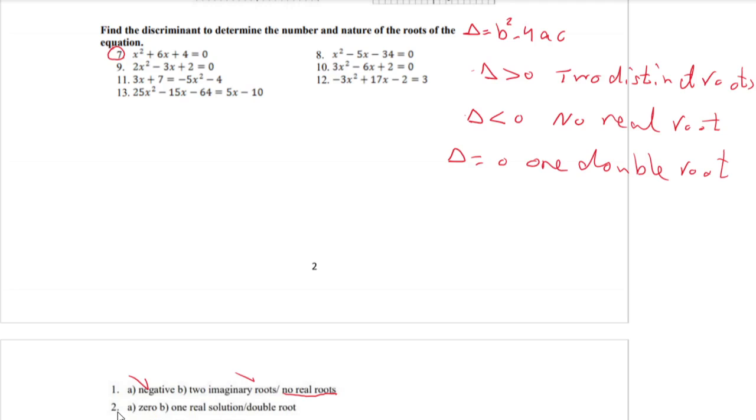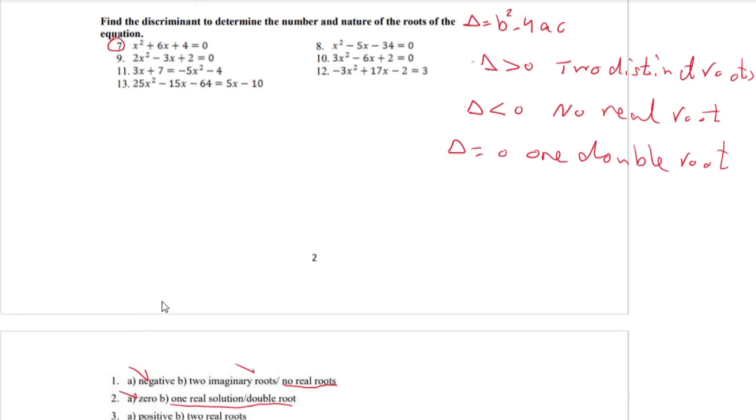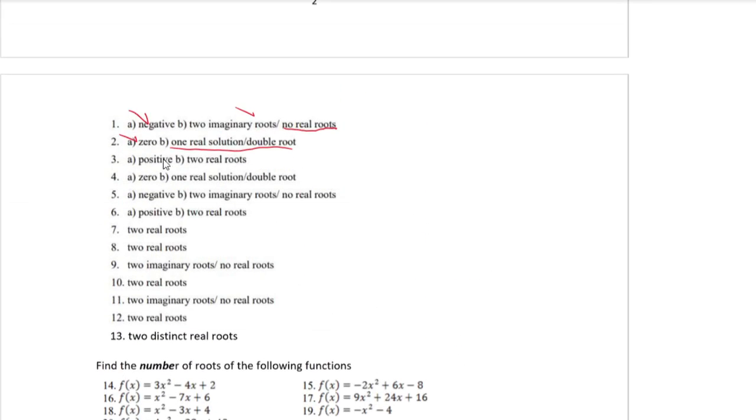See? Number 2, delta equals 0, so one real root. These questions we solved like it before. Positive, two real roots; 0, one real root; delta negative, no real roots.